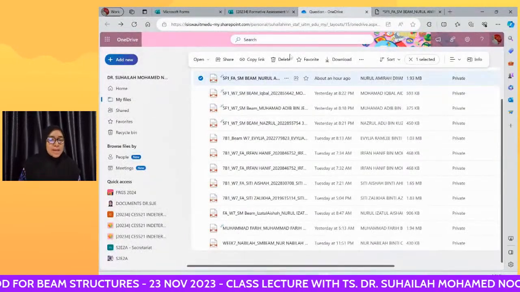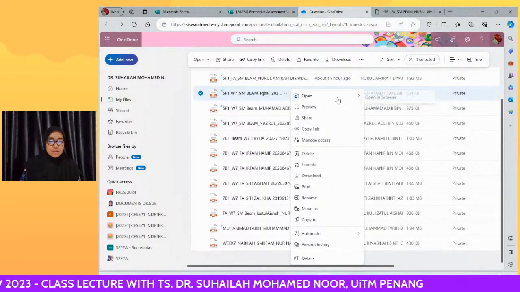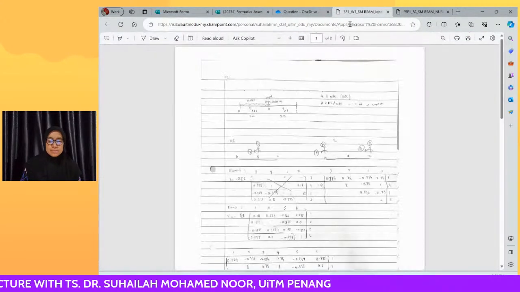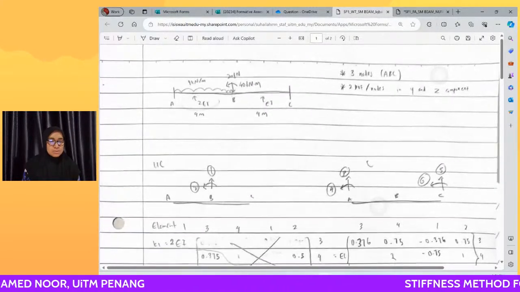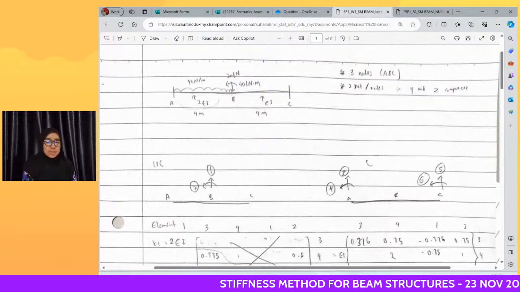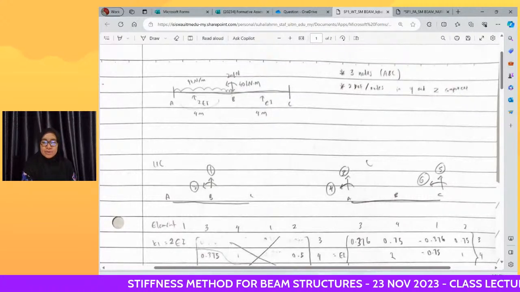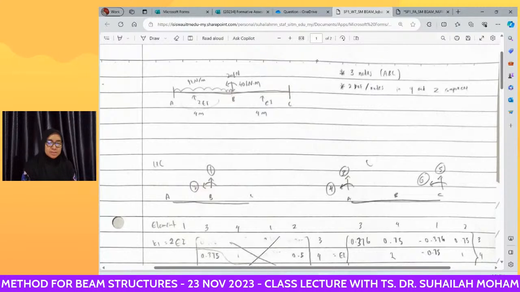Next we have Iqbal here. Three nodes A, B, C, two degrees of freedom per node, so 1, 2, 3, 4, 5, 6.